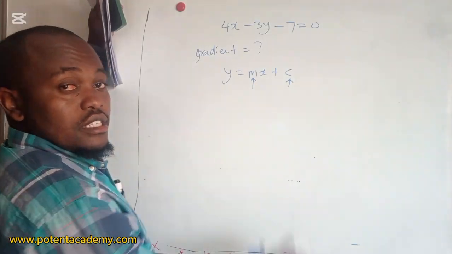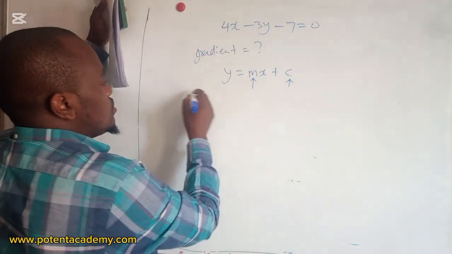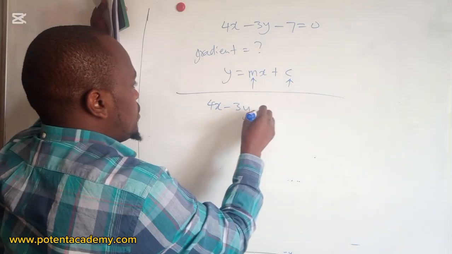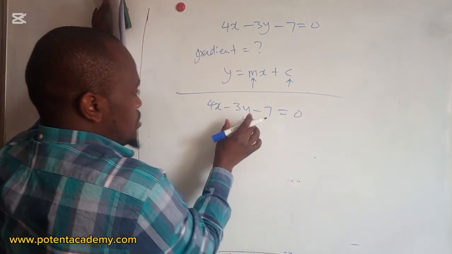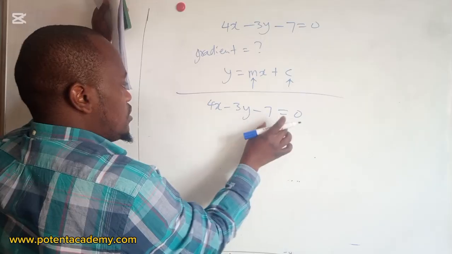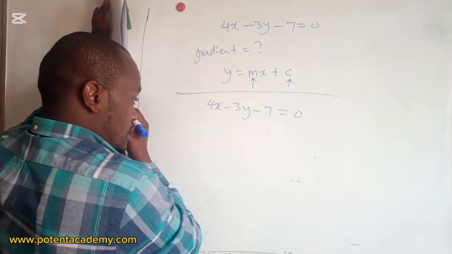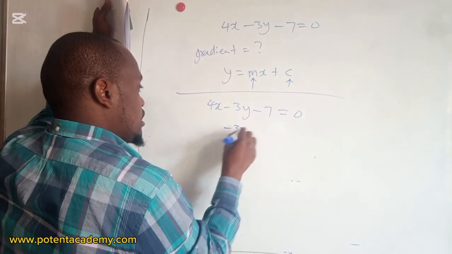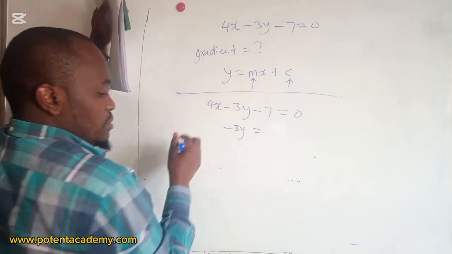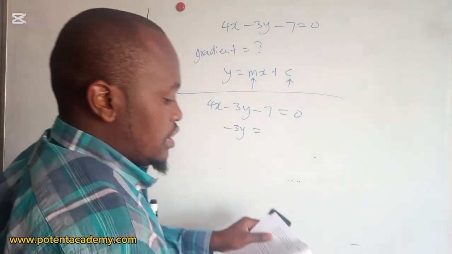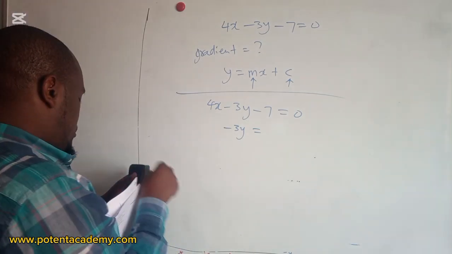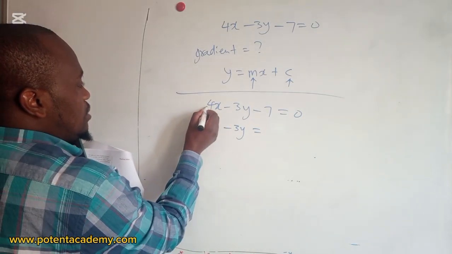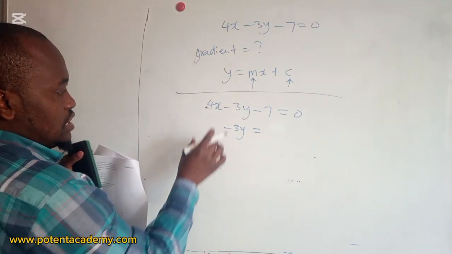Now, when you have this, you say 4x minus 3y minus 7 equals 0. In other words, you take all this to the other side, you remain with this negative 3y. So you have negative 3y equals this part. When you take 4x to the other side, it is positive on this end, it has a positive here, it's only that it is not indicated.